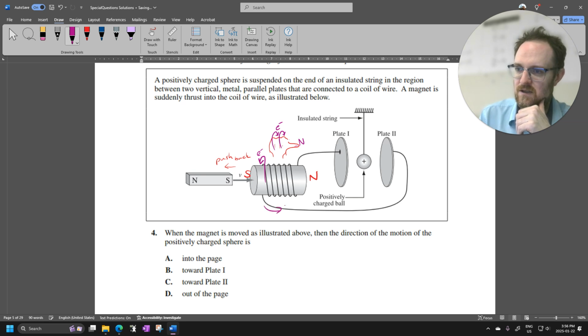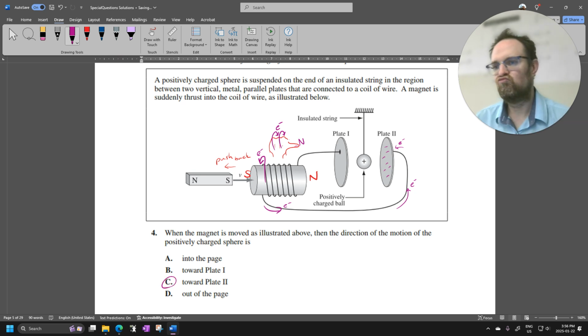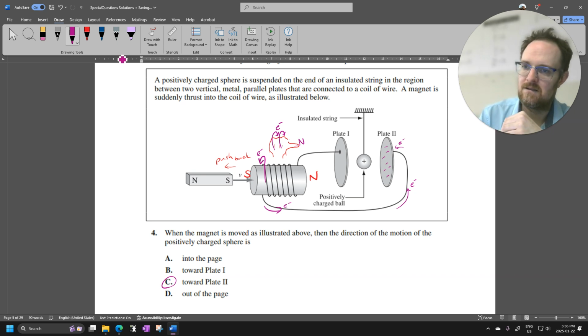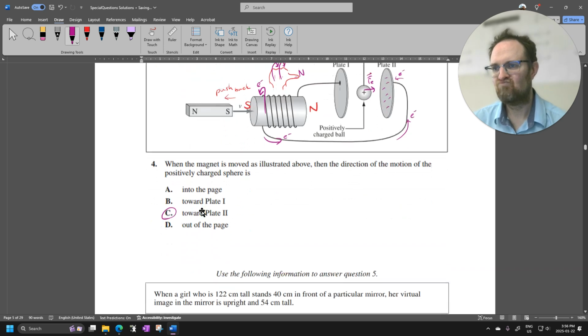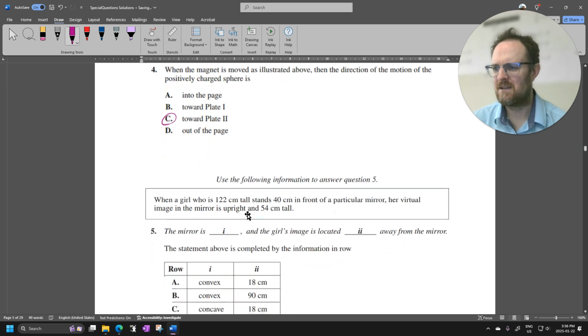So the electrons are going to go this way, and they're going to pile up here. And that's going to pull the positive over towards it. So this ball is going to move towards plate 2. Because they're going to attract. All right, so this is going to have an electric force in that direction.